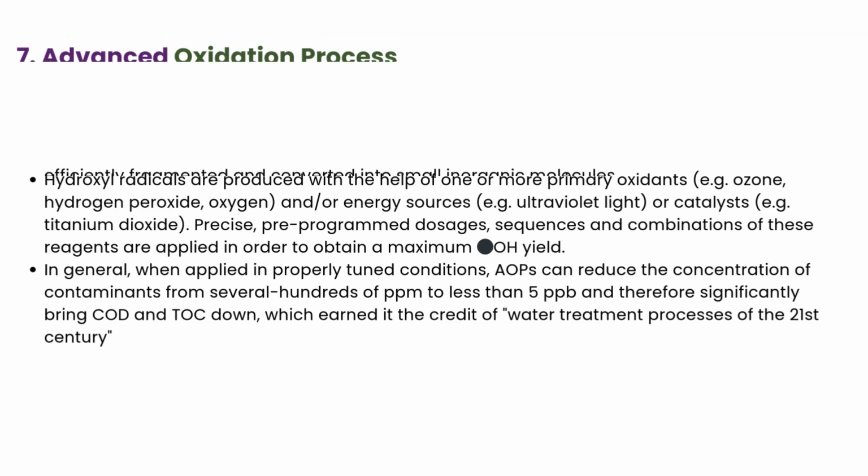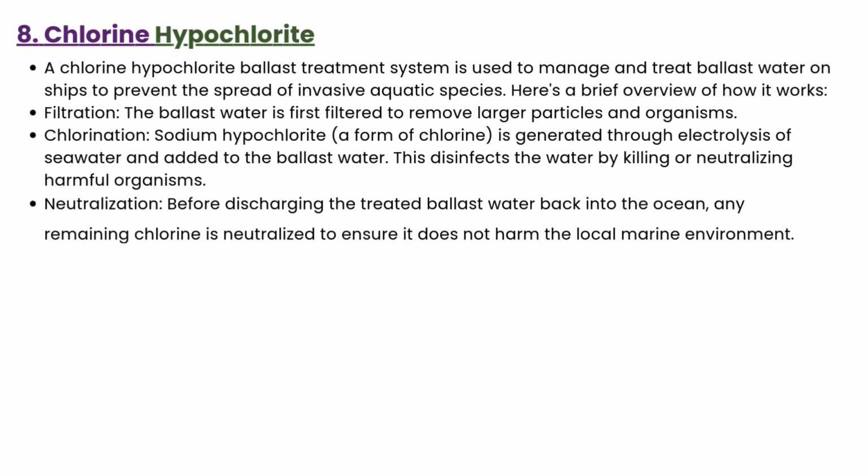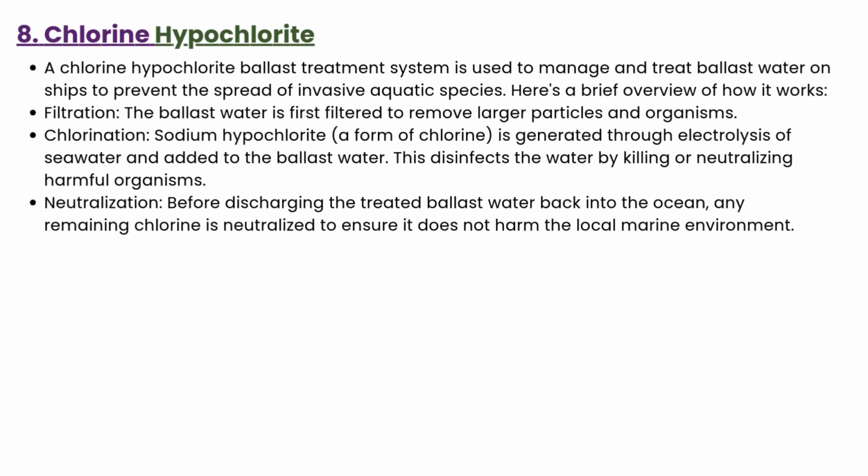The eighth is chlorine hypochlorite. The chlorine hypochlorite ballast treatment system is used to treat ballast water on ships. Okay, we are using the chlorine hypochlorite system. Sodium hypochlorite is generated through electrolysis of seawater and added to ballast water.